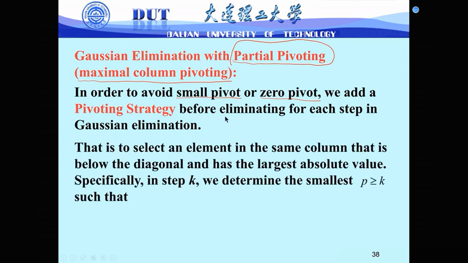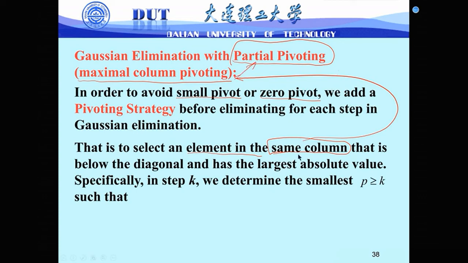So this means we only choose the new pivot in the same column. So that means partial pivoting, not globally, right? So that is to select an element in the same column, column pivoting. Column pivoting means partial pivoting.